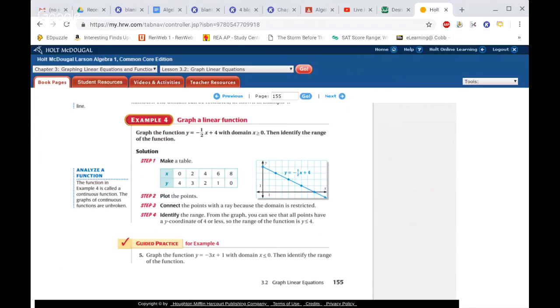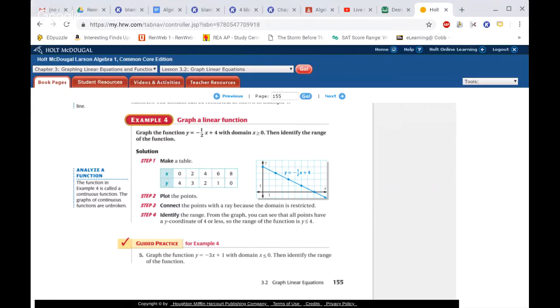But what it's saying is, remember earlier when I said with a linear equation you can pick any x's that you want in your table? And I said normally pick like negative 1, 0, and 1 because those are easy to work with. Well, this one is stating you can't pick certain ones. It's saying there is a very specific domain, and it only wants you to pick numbers that are less than or equal to 0 for your x and y table.